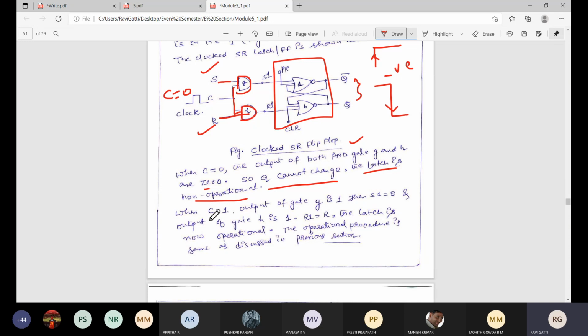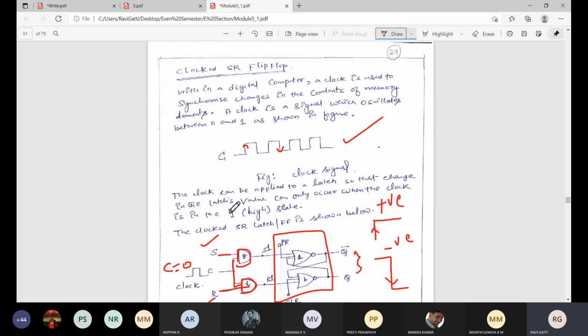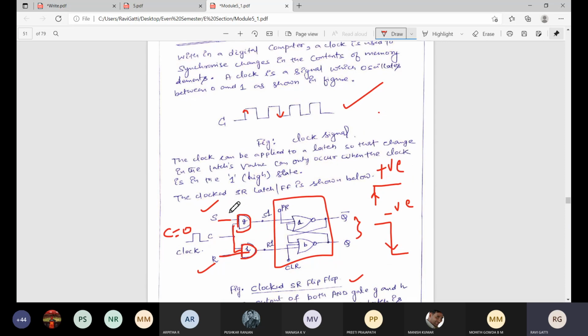However, if C is equal to 1, then depending upon the set value and reset value, your SR latch will work and your output will change. So the circuit works when C is equal to 1. This we call an SR flip-flop, or a clocked SR flip-flop.